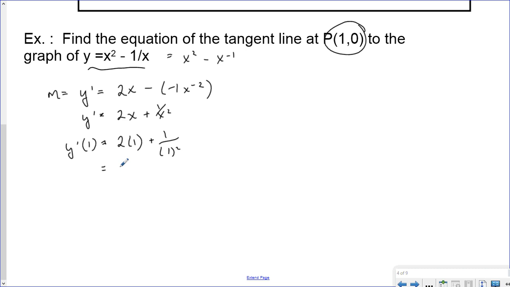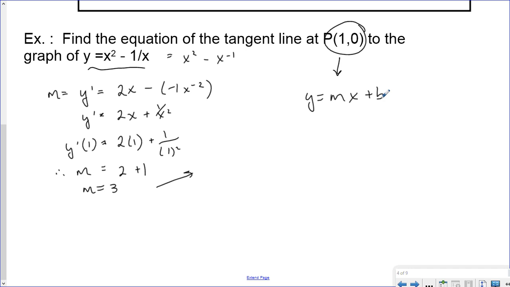So that'll be 2 plus 1, or m equals 3. So when x equals 1, I have the value of my slope, I have a point, and I can put this into the slope-intercept form of my equation here.